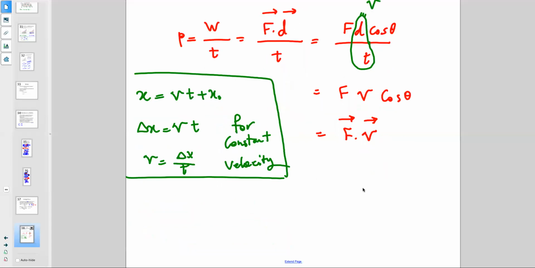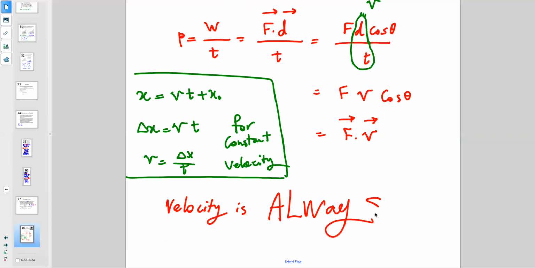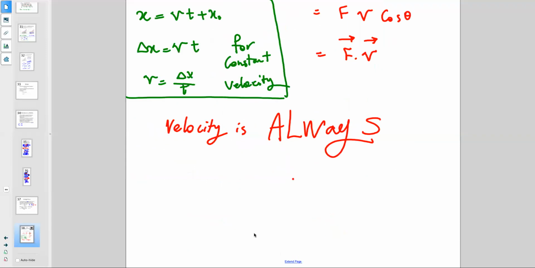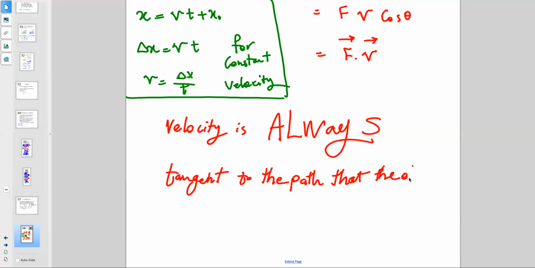Something that we have to remember is this: velocity is always tangent to the path that the object moves.